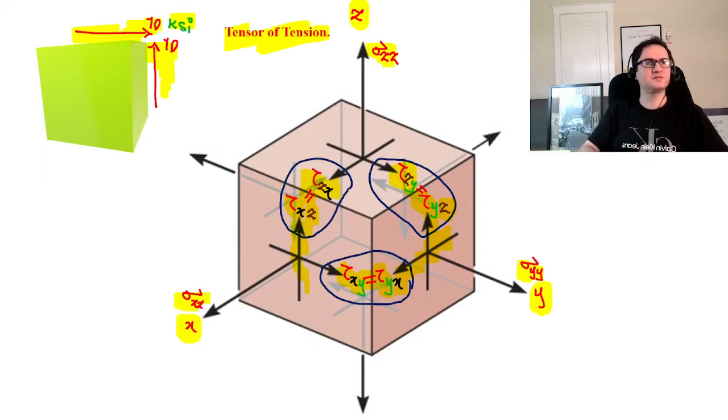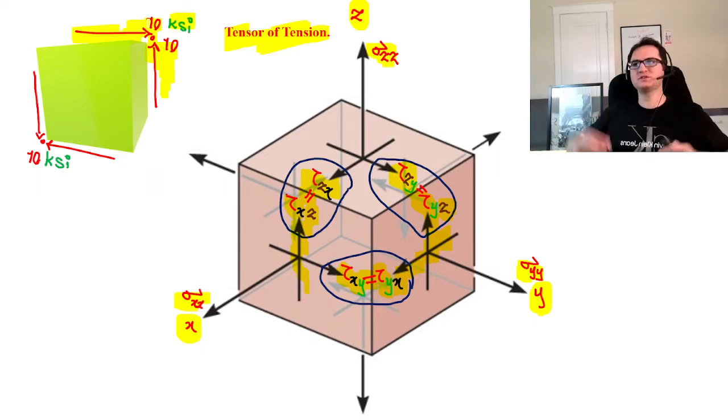The other interesting fact about the shear in the tensor of tension is that they are either converging to a point or diverging from a point.